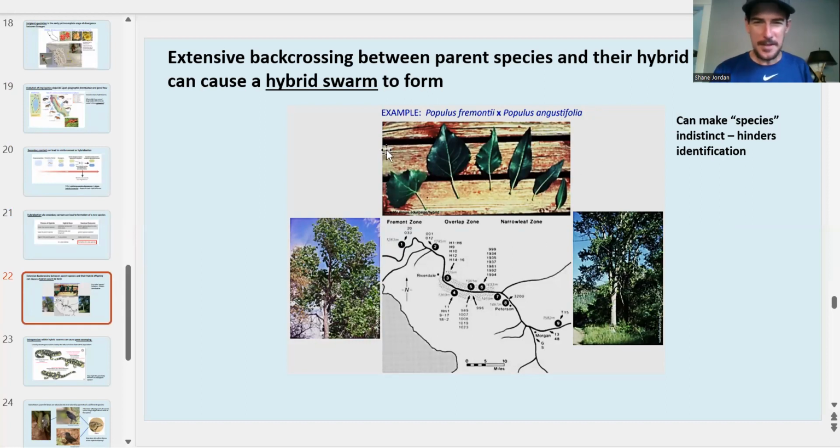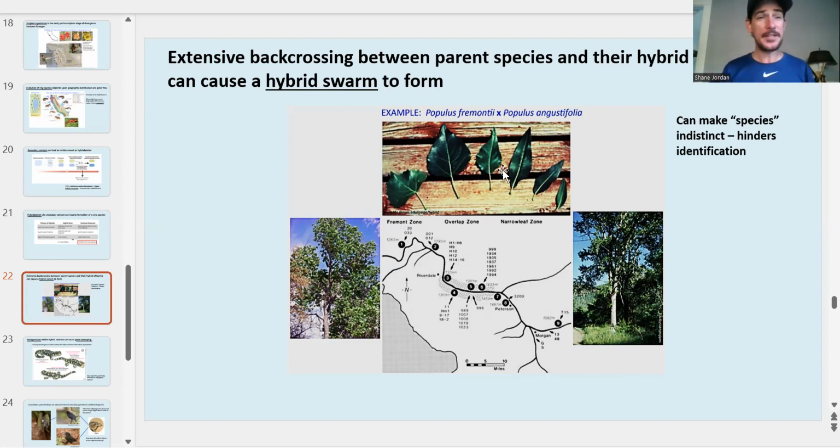An example is seen in the different shapes of the leaves that are found in this particular environment, where some individuals produce leaves that are very much characteristic of Populus fremontii, and some individuals produce leaves that are very characteristic of Populus angustifolia. But in the hybrid zone, there are many different individuals carrying leaves of intermediate shape. And this is a direct result of all this hybrid back crossing going back and forth.